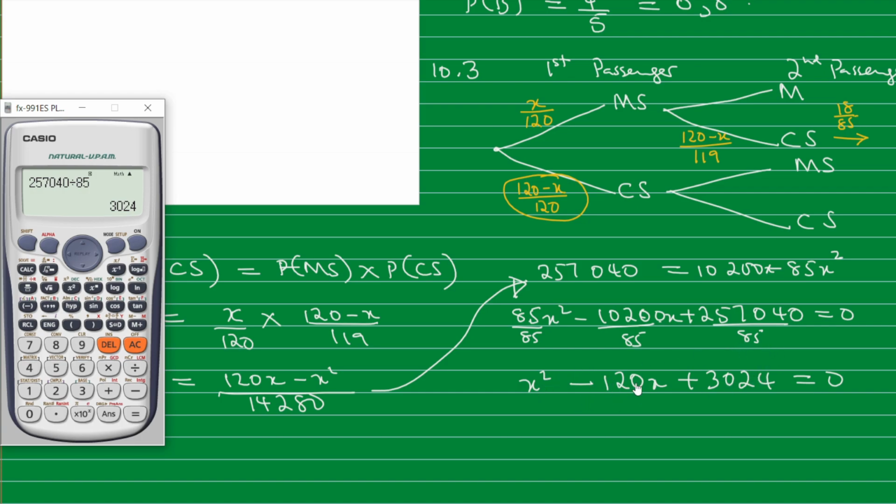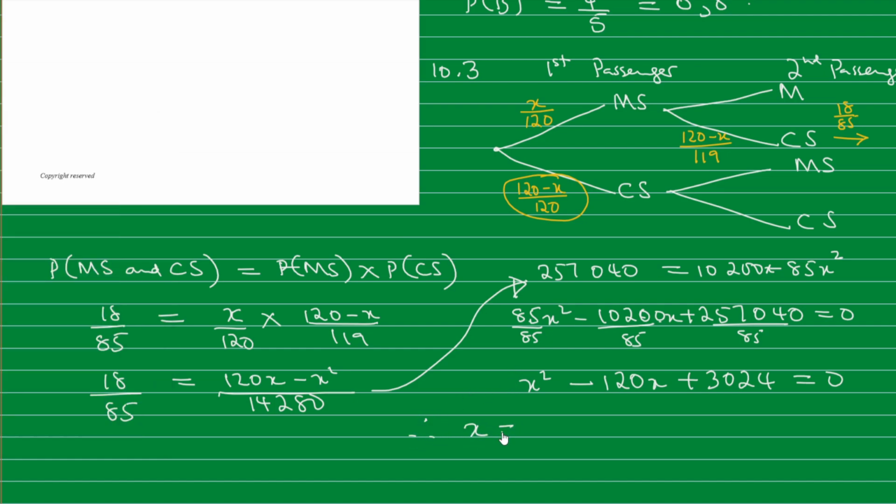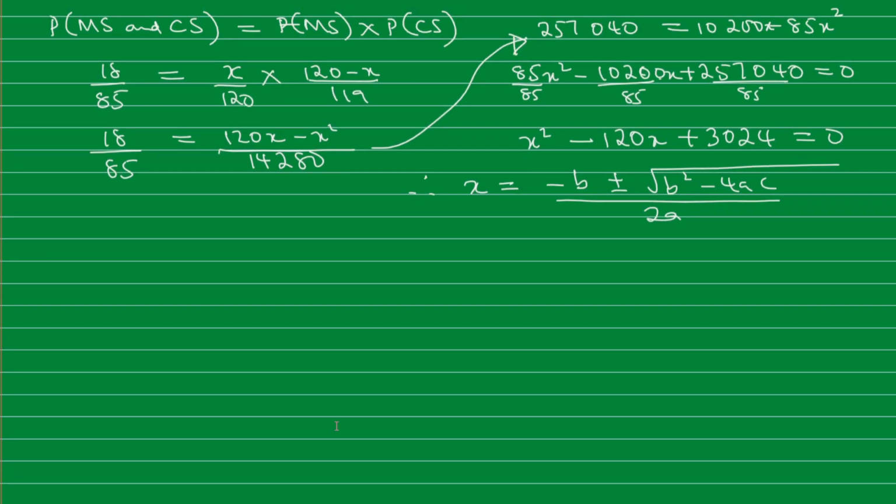So now I guess the best option is to use the quadratic formula because these are quite huge numbers. So let's go into the formula. Therefore, x is equal to negative b plus or minus the square root of b squared minus 4ac, over 2a. We know our b is negative 120, so that will be plus 120, plus or minus the square root of 120 squared minus 4.